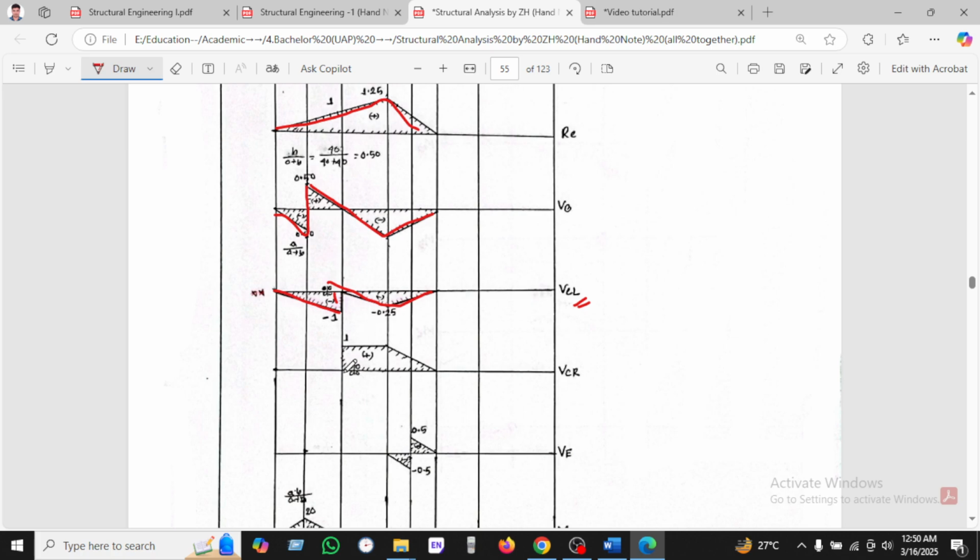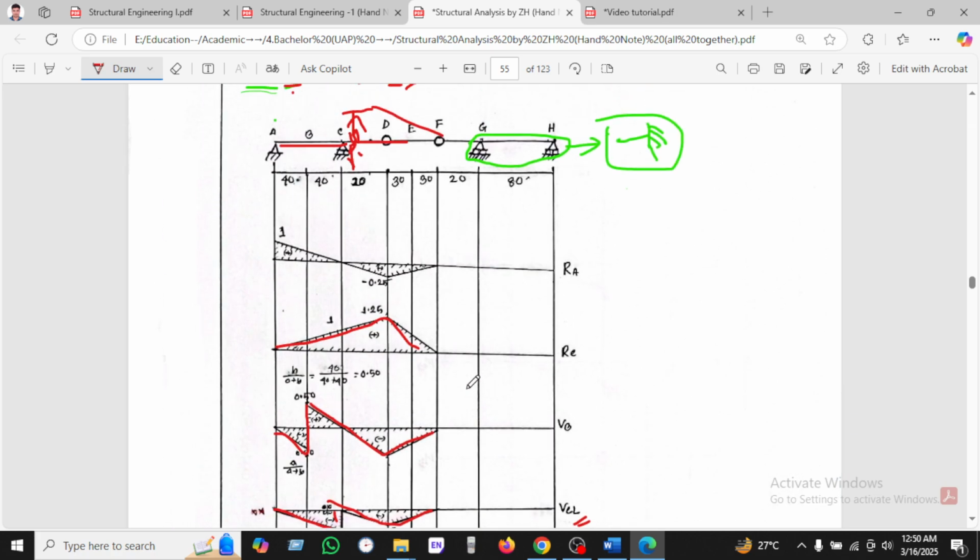So in this way it is going upward. Then BE, here is BE, it will be going downward, and I'm just erasing here.